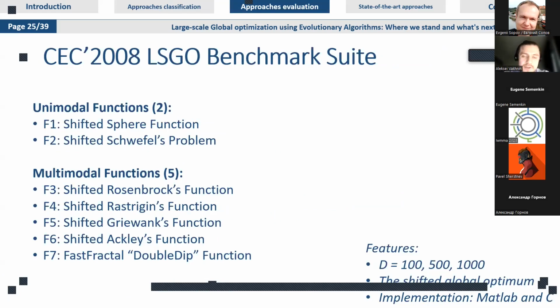A brief history about benchmarks. The first benchmark especially for solving high-dimensional problems was proposed in 2008. It consists of 7 problems with 100, 500, and 1000 dimensions, and the feature is just the shifted global optimum. It has very classic and traditional benchmark problems, and the implementation was in MATLAB and C++.